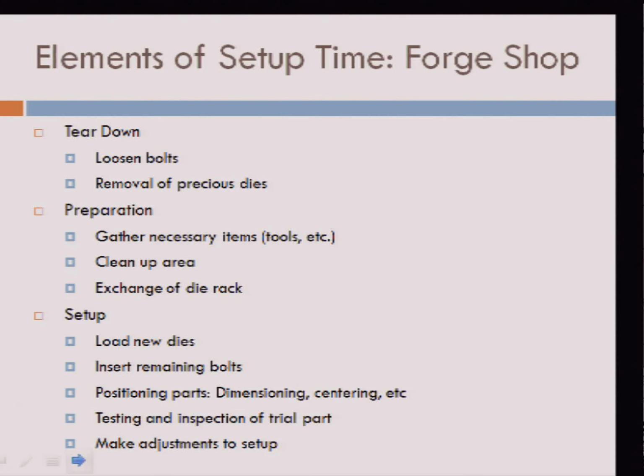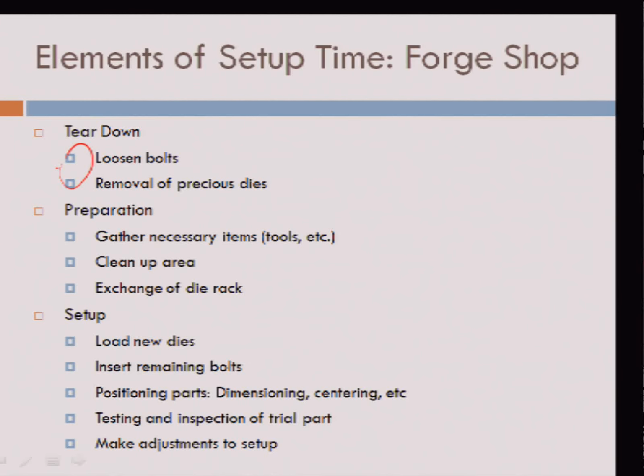So, thinking as an industrial engineer, when you look at setup time, and we look at setup as a process, the first thing you do is try to break it down into elements. So here are examples of some of those individual activity elements that constitute the tear down sub-process, which is part of the overall setup process.